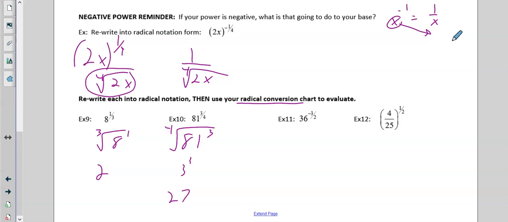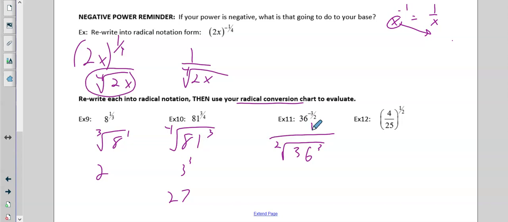Okay, 36 to the negative 3/2. So first off, I'm going to move down a little bit. I'm just going to put 36, or 32 evidently, because, you know, writing is hard. 36 to the 3/2. Okay? And then to make it negative, I just do this. And now I'm just going to deal with it.